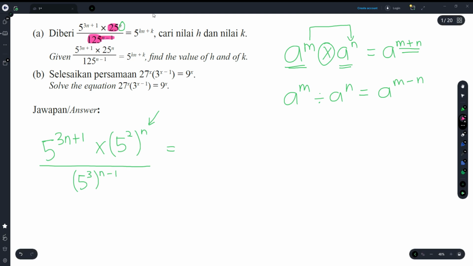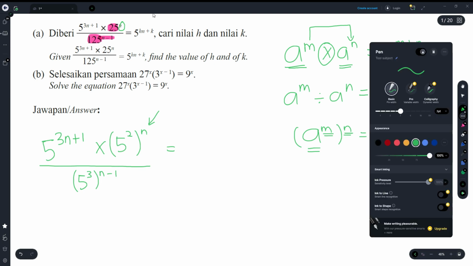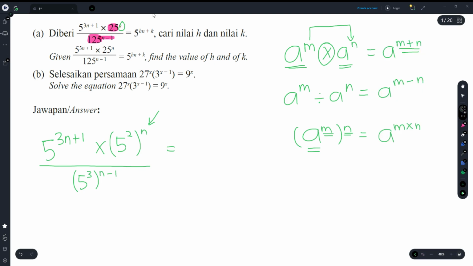Another property you need to know for this type of question is that any base to the power of m, with another power outside the bracket, means you can multiply the powers. So what I'm going to do is very simple. For this term, I just copy back 5 to the power of 3n plus 1.